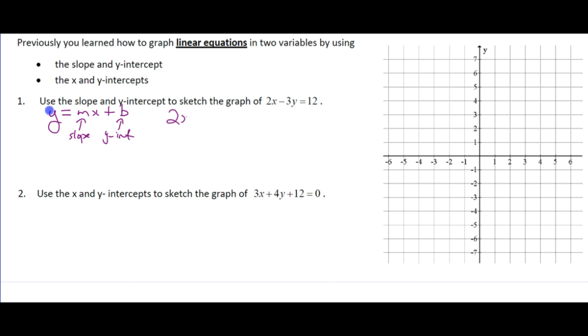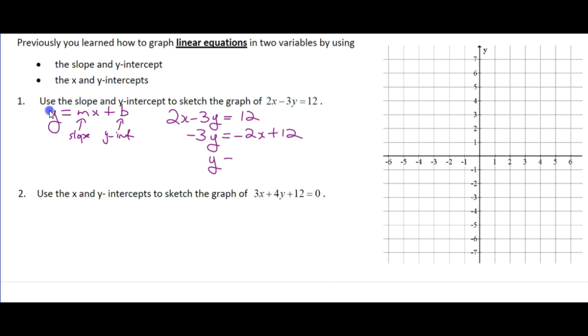Okay, we got 2x minus 3y is equal to 12. So negative 3y is negative 2x plus 12. So we have to isolate the y. And now, to really isolate the y, we're going to divide everything by what? Negative 3.